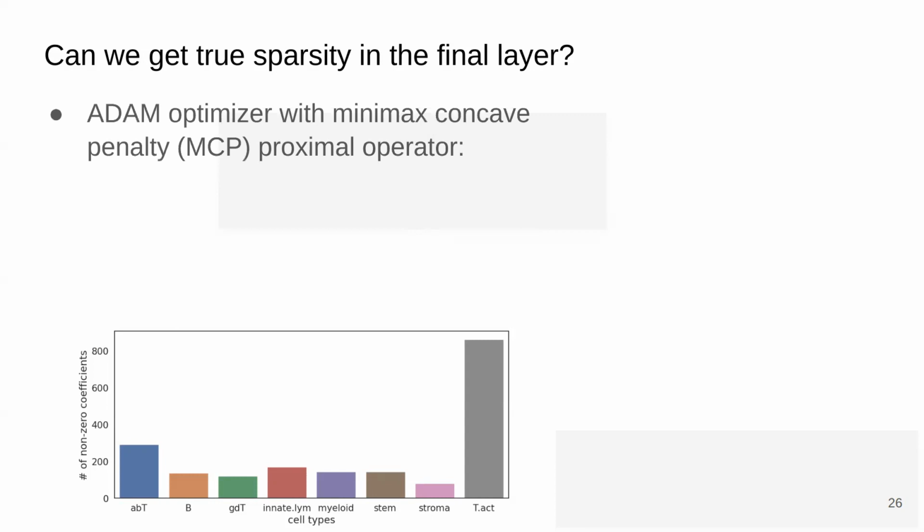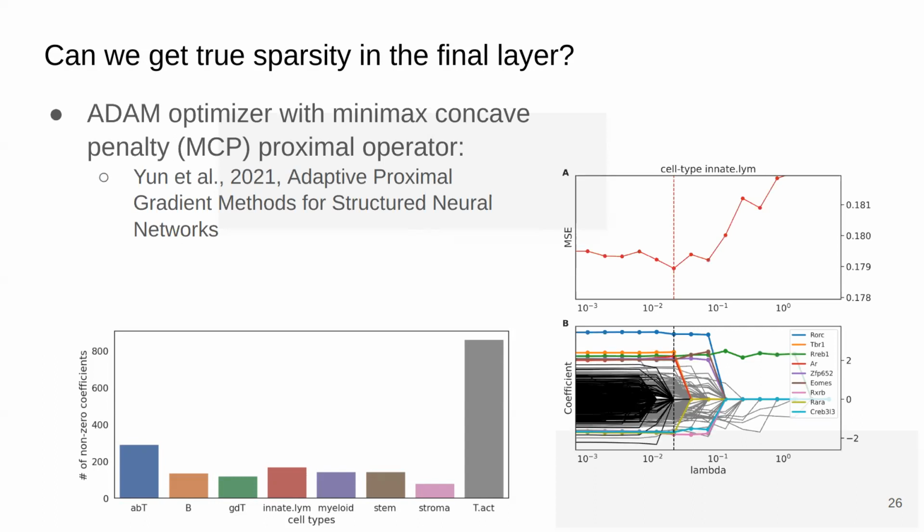We used an Adam optimizer with the MCP proximal operator. This is a fairly recent development. You can tune up the sparsity, and in fact you can get a slightly sparser model that is actually slightly more performant.